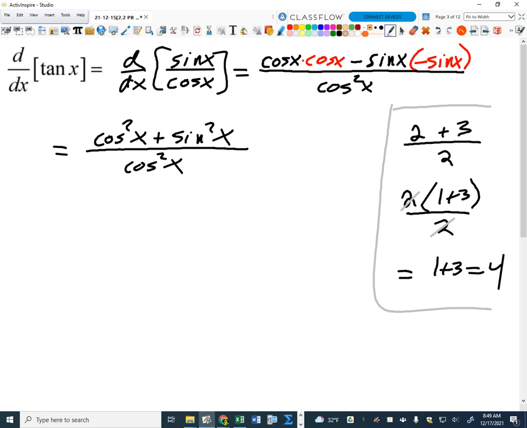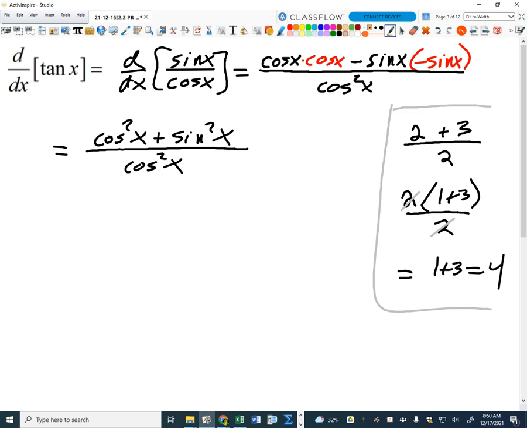All right, does anybody notice anything else interesting? What about the numerator? You see anything interesting in that numerator? It's equal to 1. Yeah, that's our Pythagorean trig identity: sine squared x plus cosine squared x equals 1.